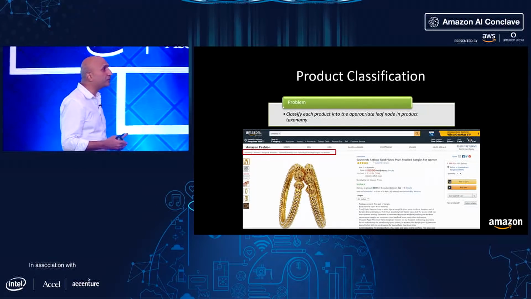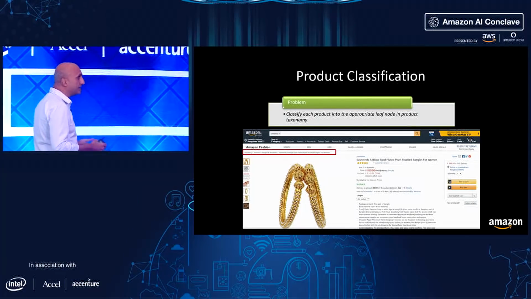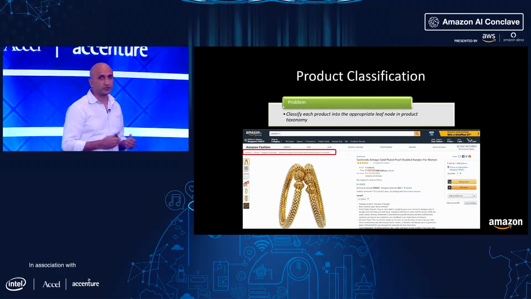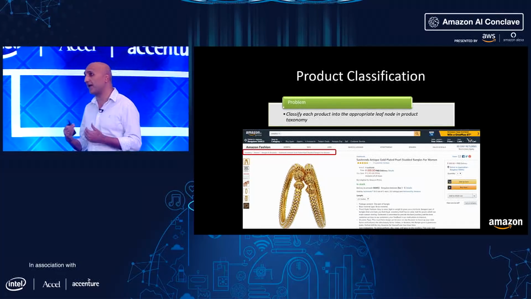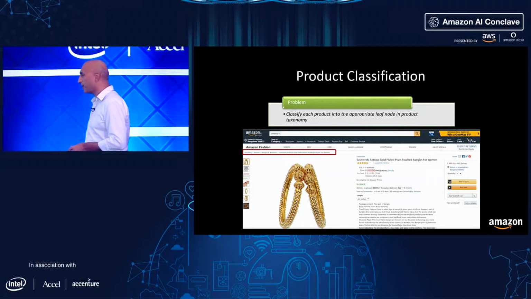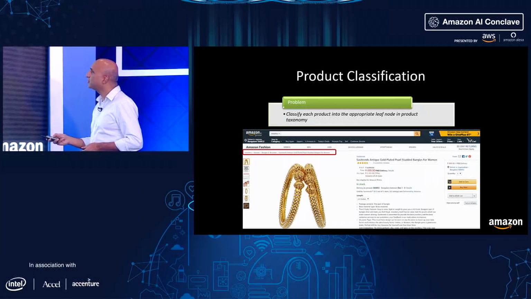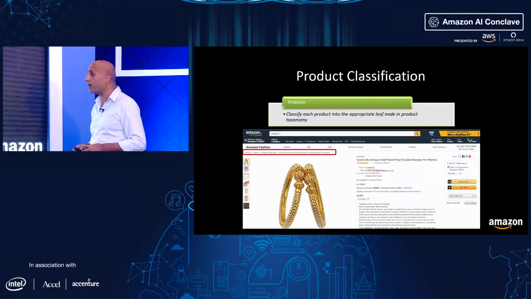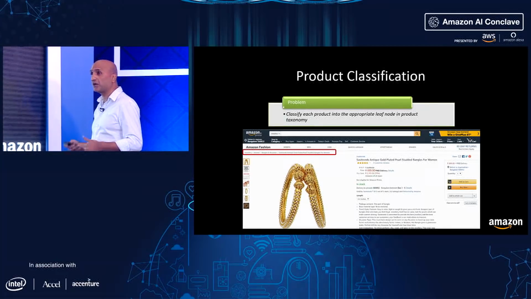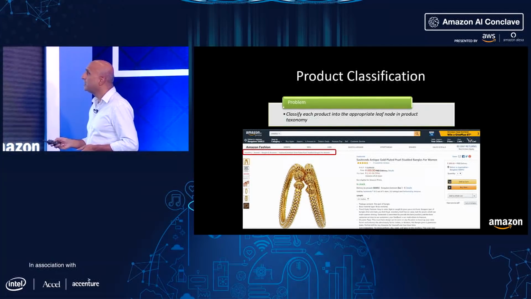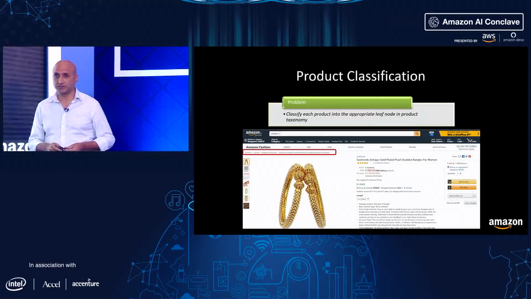So accurate product classification is key to product discovery. So we absolutely have to be fairly accurate in the way we classify products. And for this product here, this red box contains the root to leaf path in the product taxonomy for the product. So you can see this product is under jewelry, women, bangles and bracelets, and so on.